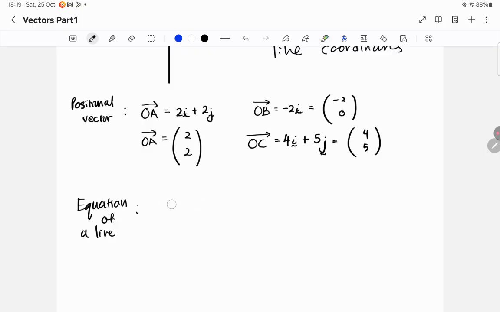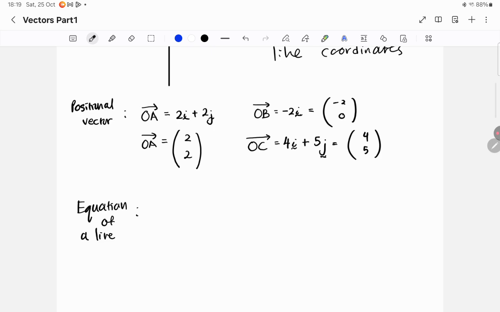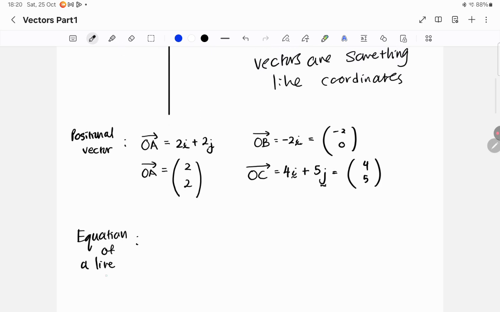So this is how it normally, let's say line OA is r equals the position vector, which is 2 plus, we cannot do that. I'm sorry. Equation of line is the line between 2 points.